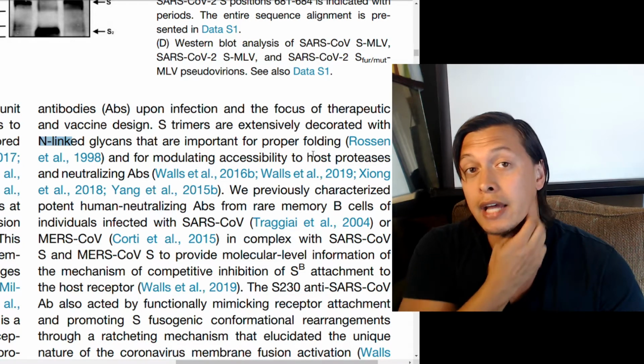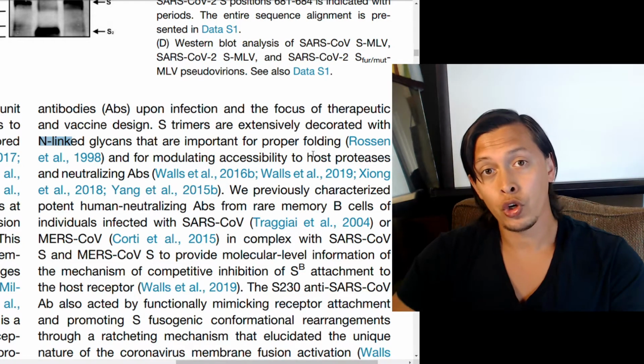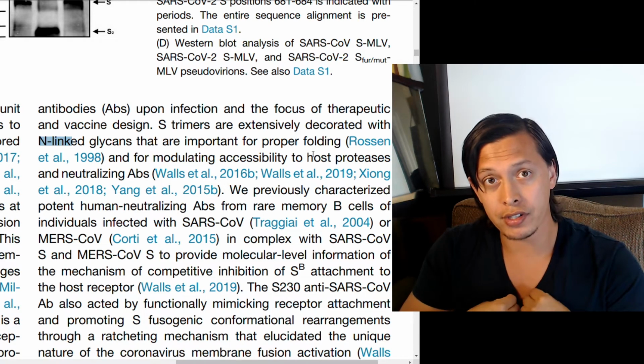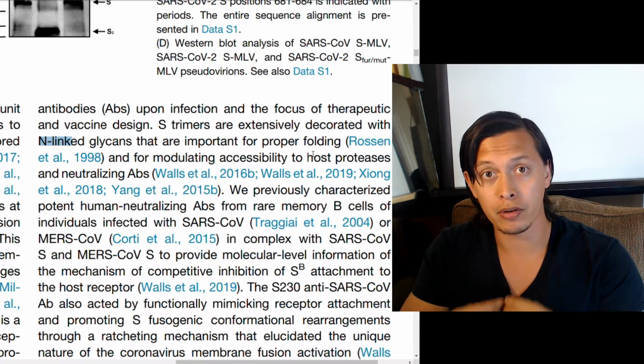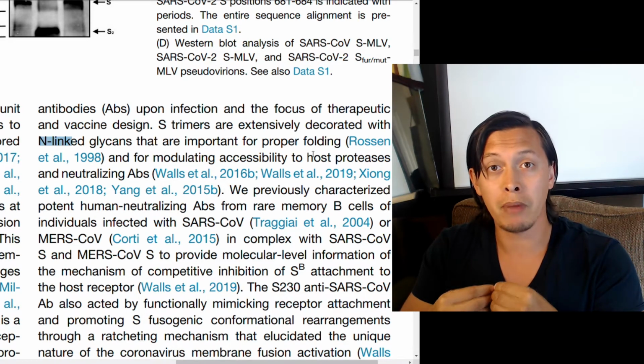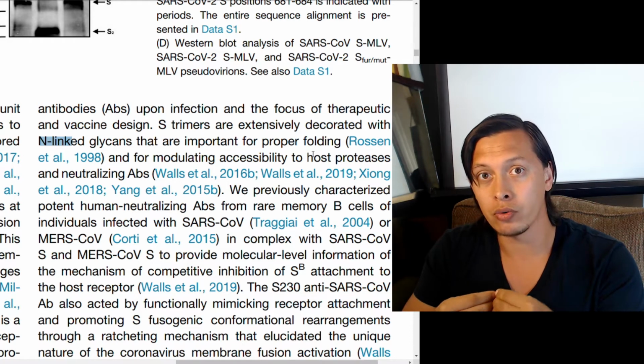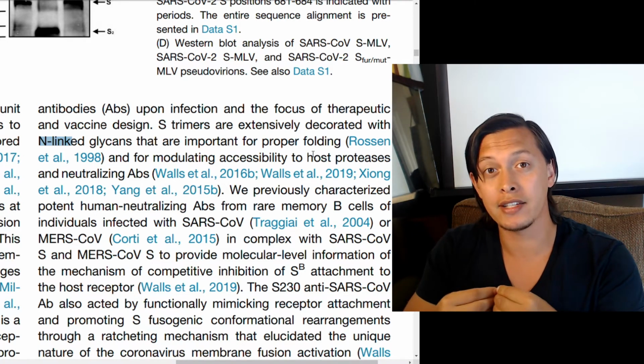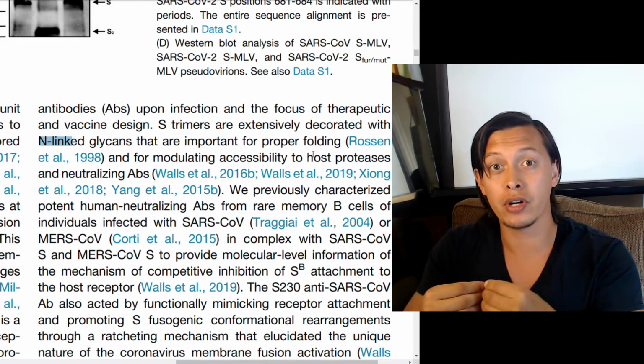This is because your own body produces its own glycoproteins, and your own body recognizes its own glycoproteins. It recognizes the sugars that are put onto these proteins.